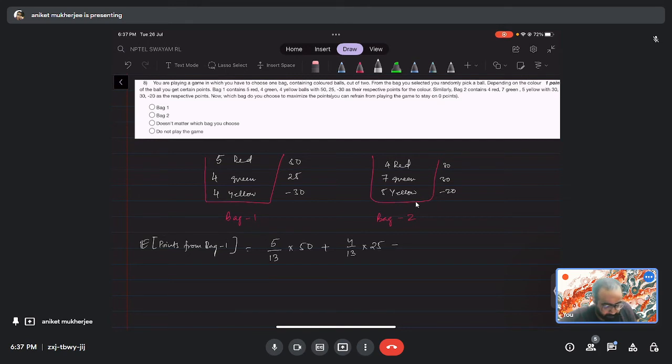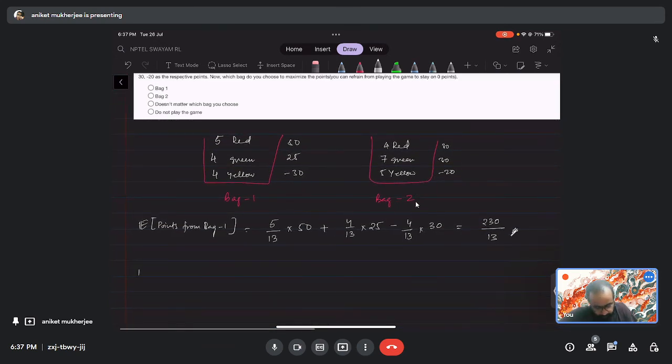Similarly, the probability of picking yellow is 4 by 13, but you get minus 30 points, so I have put the minus here. This comes out to be, I think, 250 plus 100 minus 120, which gives 230 (over 13). So this is your expected points that you get if you pick bag 1.